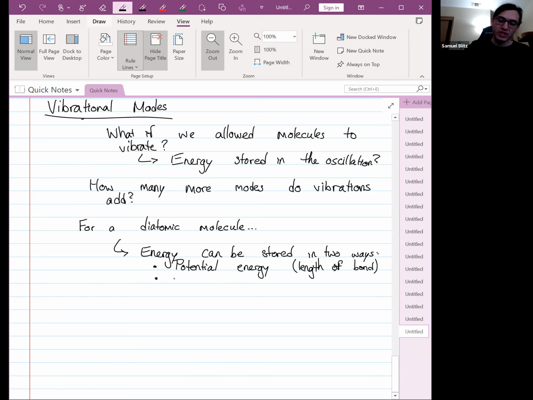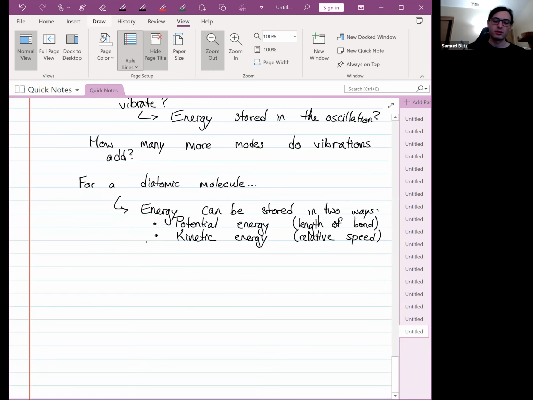And then also there's the kinetic energy of the vibrations, i.e. the relative speed of the particles. You could imagine that you increase the speed without changing the potential energy. If they started off with some speed at this distance, then the energy will be different than if they started off with no speed at this distance, right? So you can change these 2 things independently.